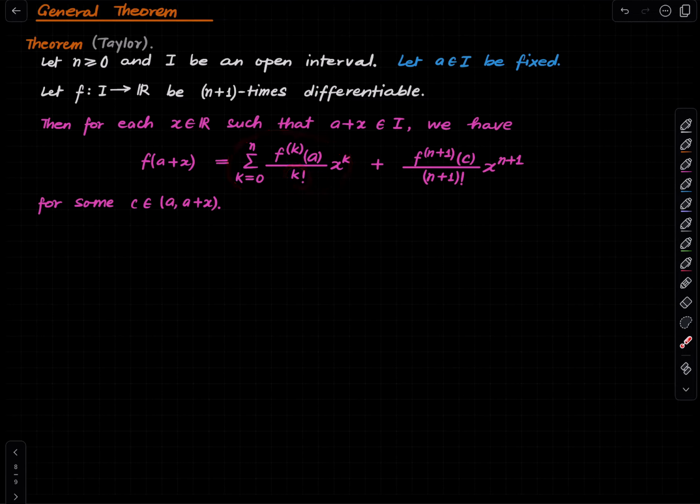I will define factorials if you don't already know, plus the n plus 1th order error. So the n plus 1th order error is this much. You have the n plus 1th derivative at a point divided by n plus 1 factorial, let me write a xi because I've been using xi so far. There is a xi here for some xi strictly between A and A plus x.